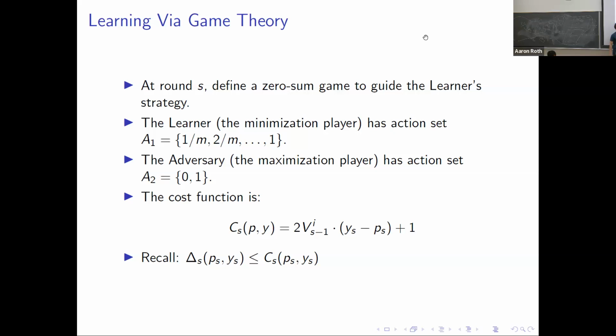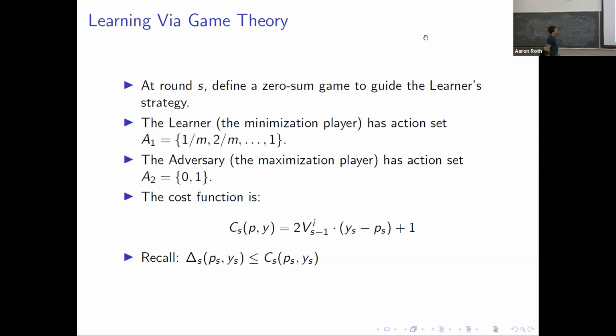The 1 round increase in calibration loss if the learner predicts P and then the outcome is Y. Okay, so the cost function is just twice the historical calibration loss so far in the bucket corresponding to the prediction made by the learner, times the outcome chosen by the adversary minus the prediction made by the learner, plus 1. This was what we proved was an upper bound on the increase in calibration error of the learner.